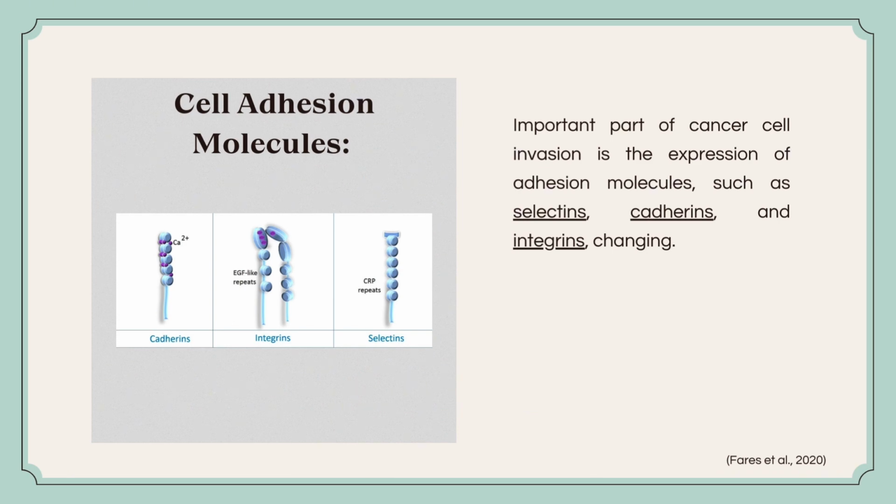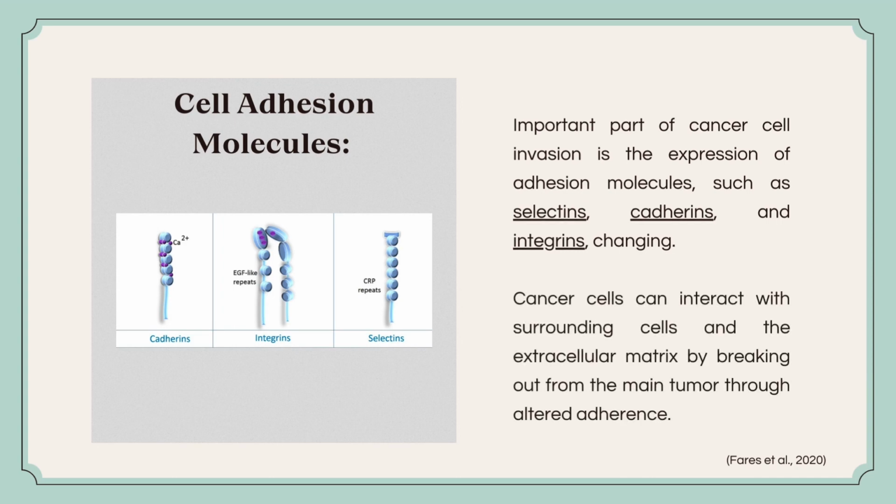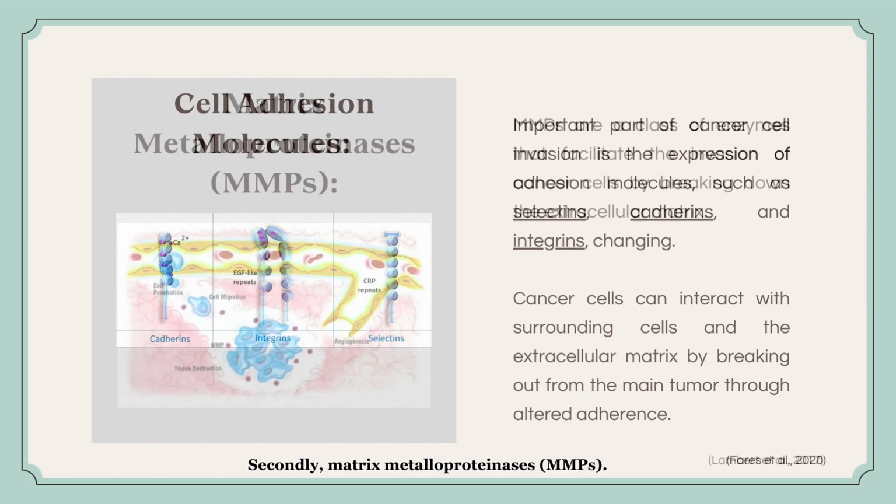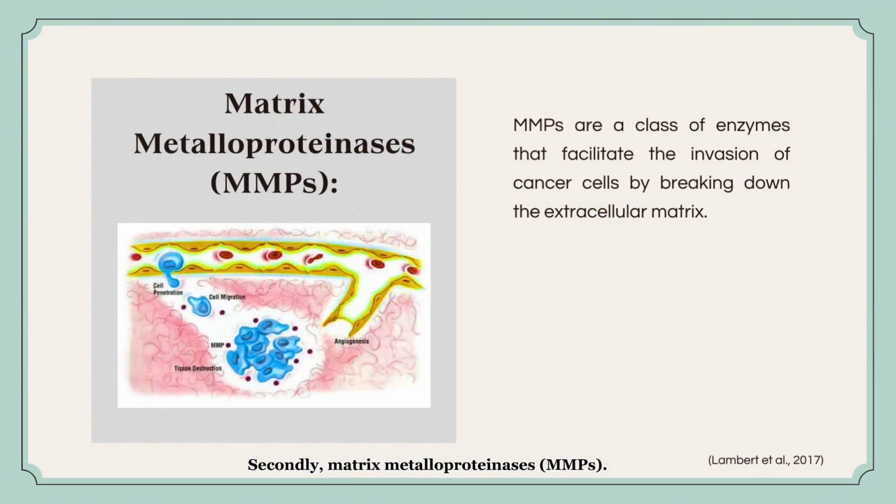An important part of cancer cell invasion is the expression of adhesion molecules, such as selectins, cadherins, and integrins. Cancer cells can interact with surrounding cells and the extracellular matrix by breaking out from the main tumor through altered adherence.